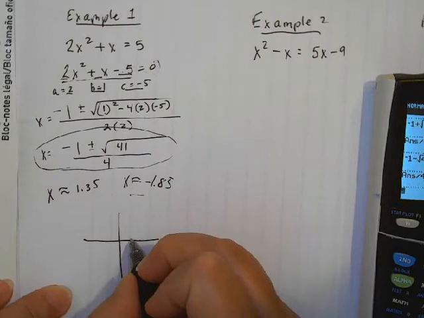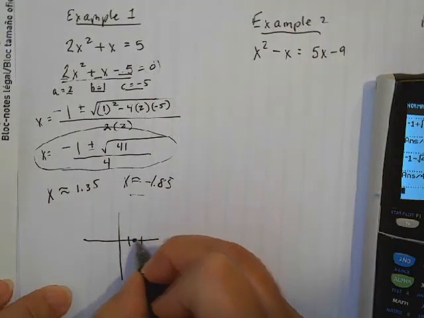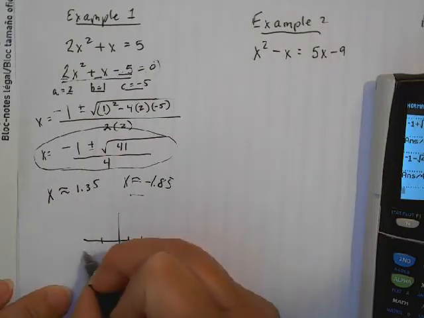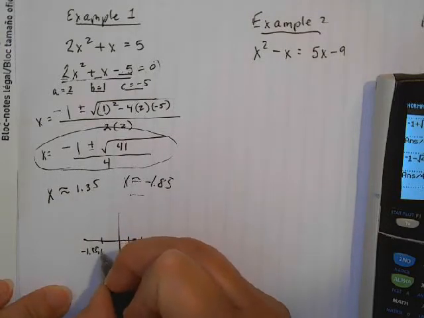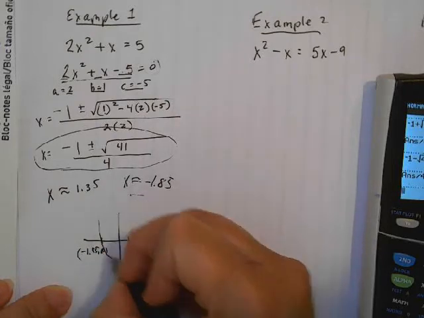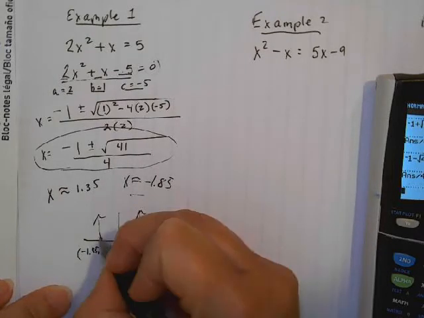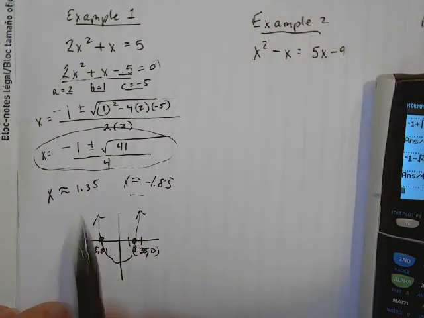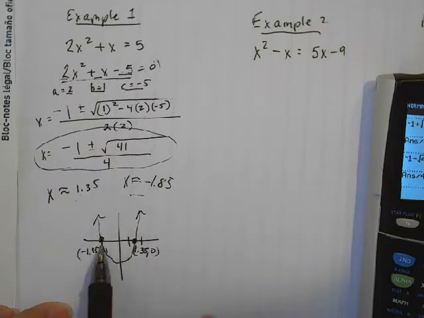So if y were 0, x would be approximately 1.35 and approximately negative 1.85. So we've found the 2 places where this quadratic hits the x-axis. Notice this one hits in 2 places. It has 2 solutions, negative 1.85 and 1.35. Those are the places where it crosses the x-axis.